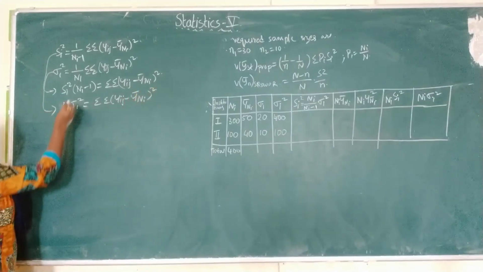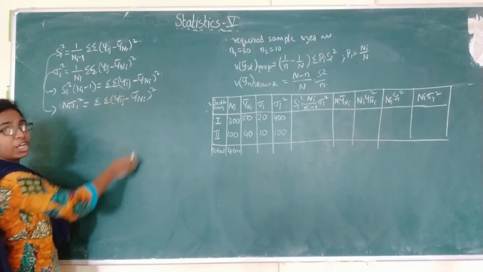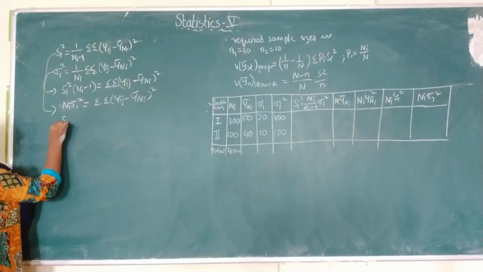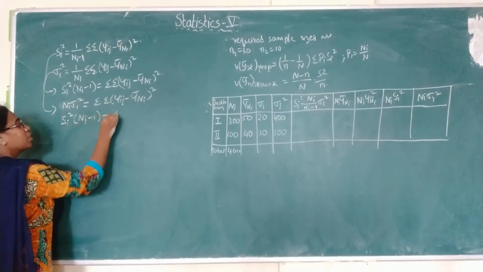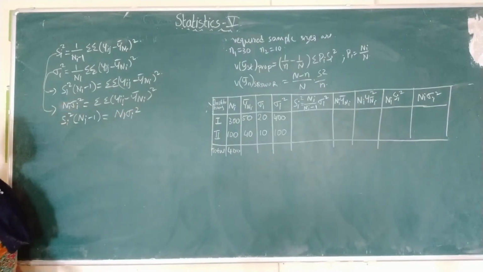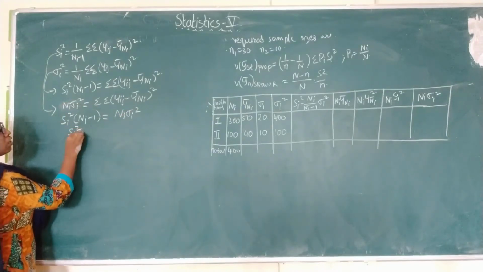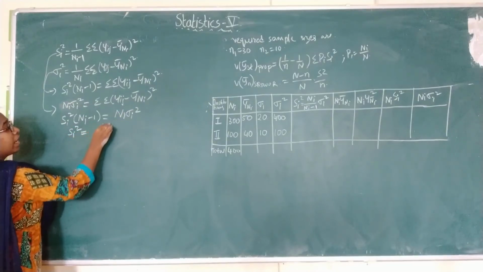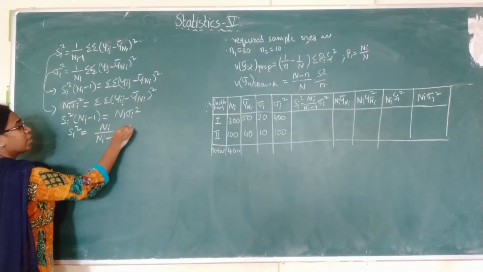If you compare these two, the right-hand sides are equal, so you can equate the left-hand sides: Si square into Ni minus 1 equals Ni into sigma i square. From this equation I want Si square, so Si square equals Ni by Ni minus 1 into sigma i square.